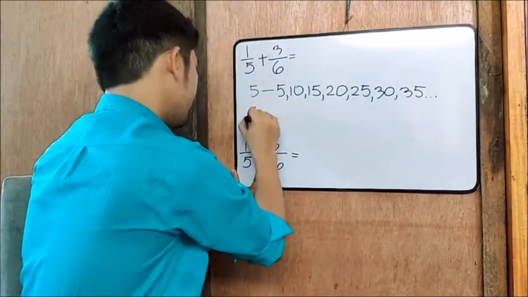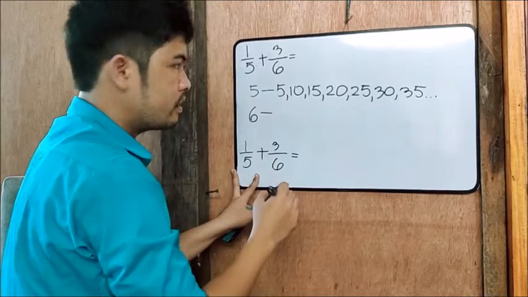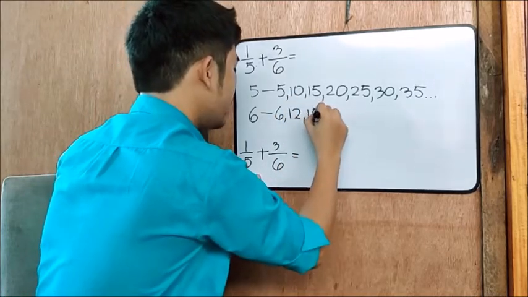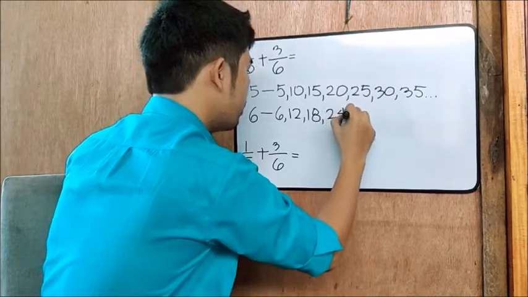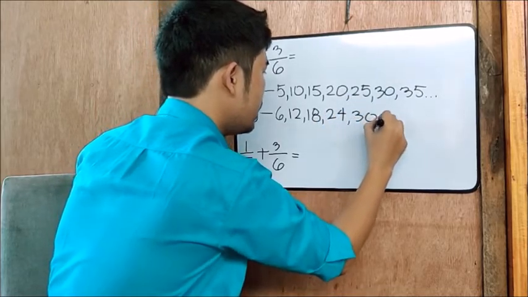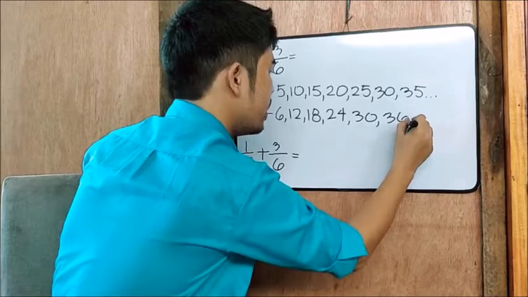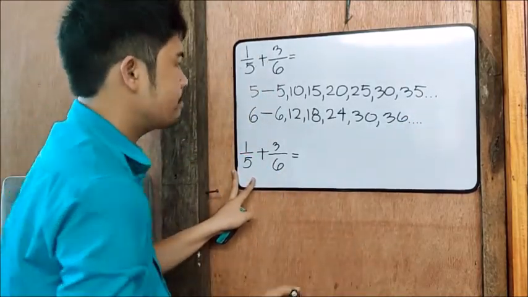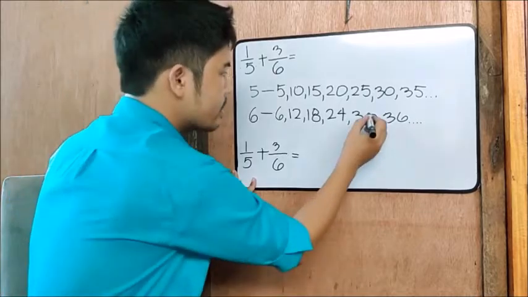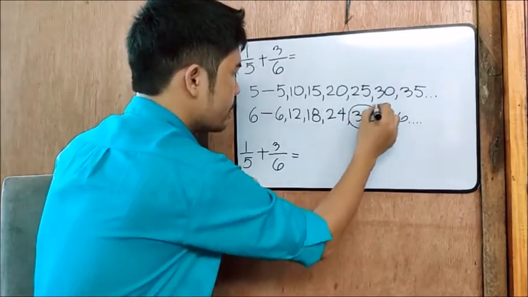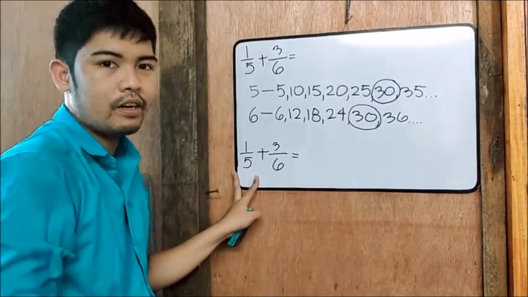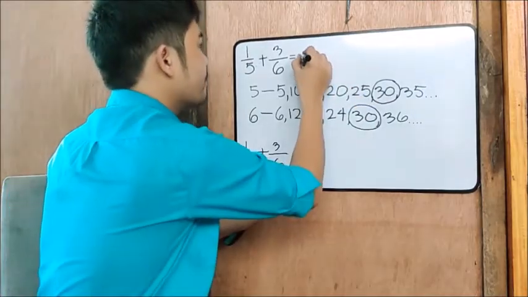And for 6, the multiples of 6 are 6, 12, 18, 24, 30, 36, and so on. And then we find the least common multiple. In this case, the least common multiple is 30. So 30 would be our LCD, or least common denominator.